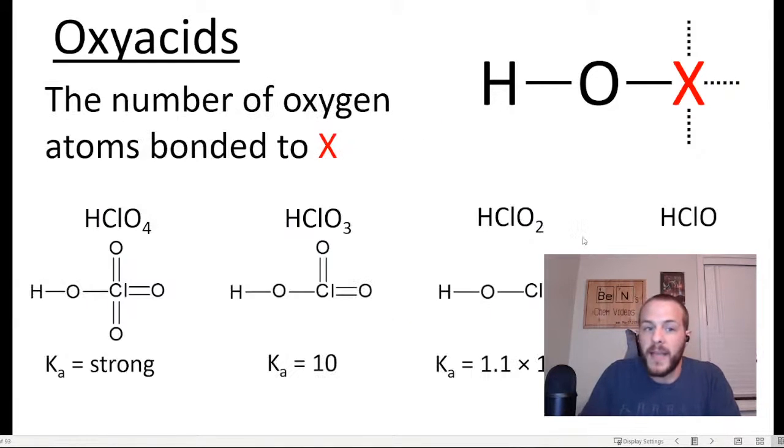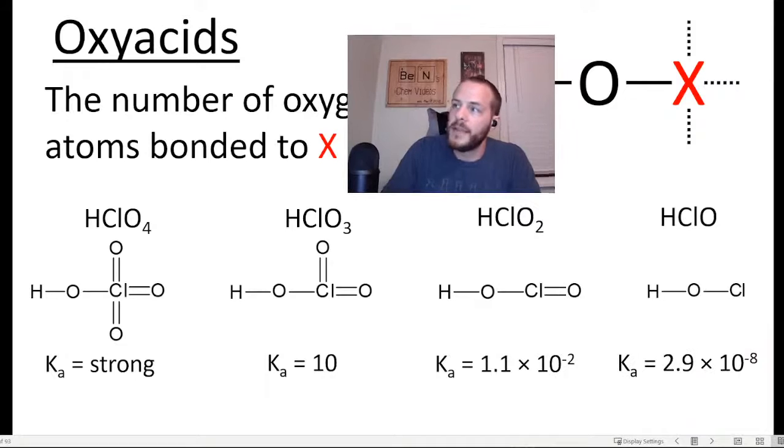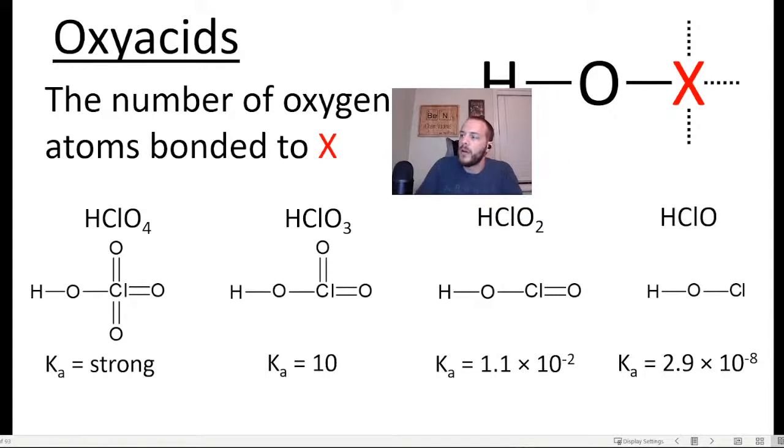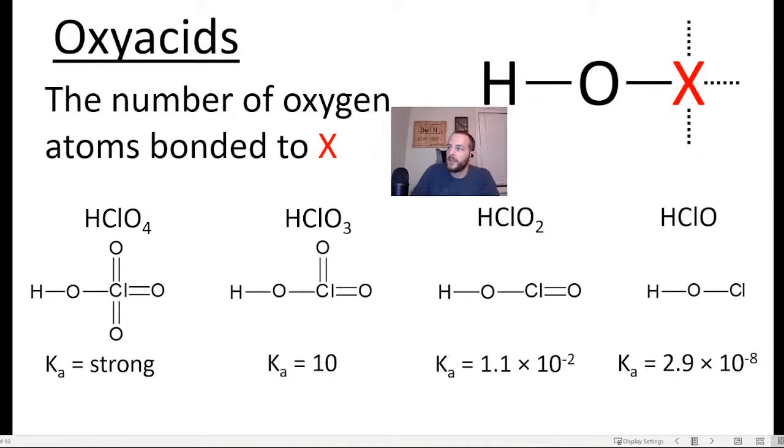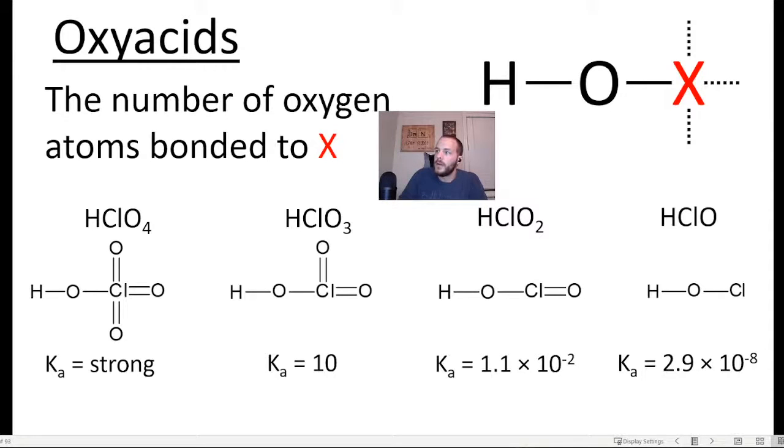Finally, for oxyacids, the other factor that influences strength is the number of oxygen atoms bonded to X. To demonstrate this, I'm showing four oxyacids that differ only in the number of oxygen atoms bonded to the atom that is bonded to the oxygen that is bonded to the hydrogen. All the way on the left, we have perchloric acid.